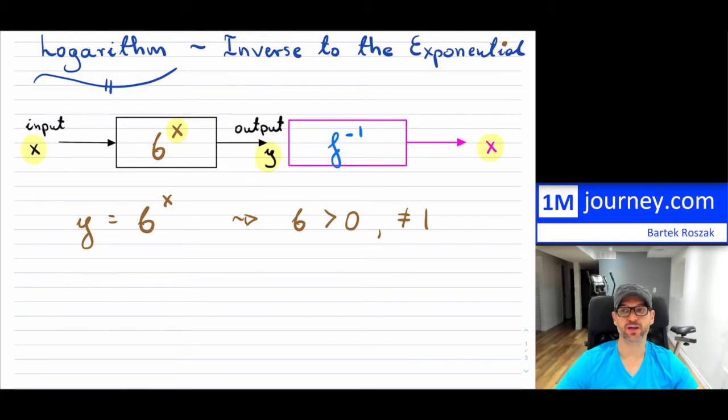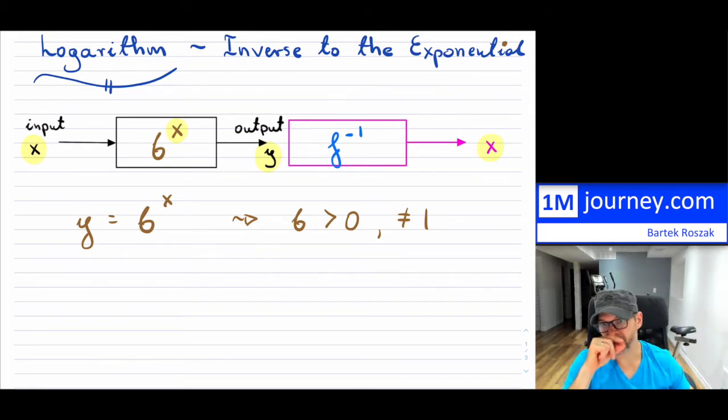That's the inverse function. So it's input coming in, x, goes through our function, which is an exponential. Something happens, there's an inverse, which we're going to call a logarithm, and we're going to get our input back.